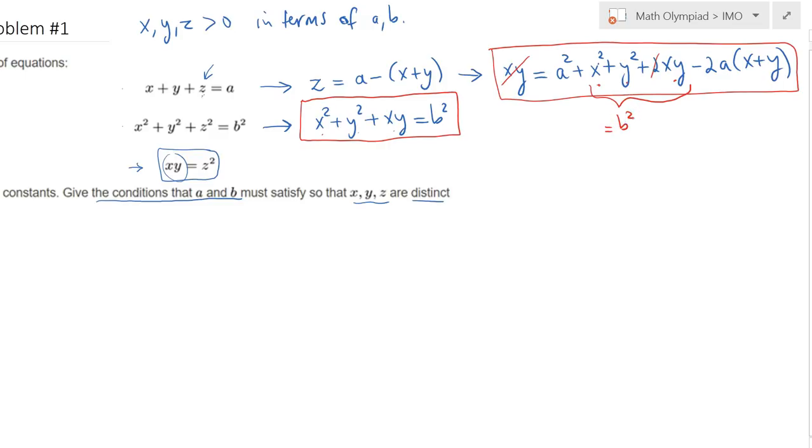So if I move this term to the left hand side and isolate x plus y, I have a very nice result: x plus y comes out as a squared plus b squared all divided by 2a. I hope I didn't mess up the algebra.